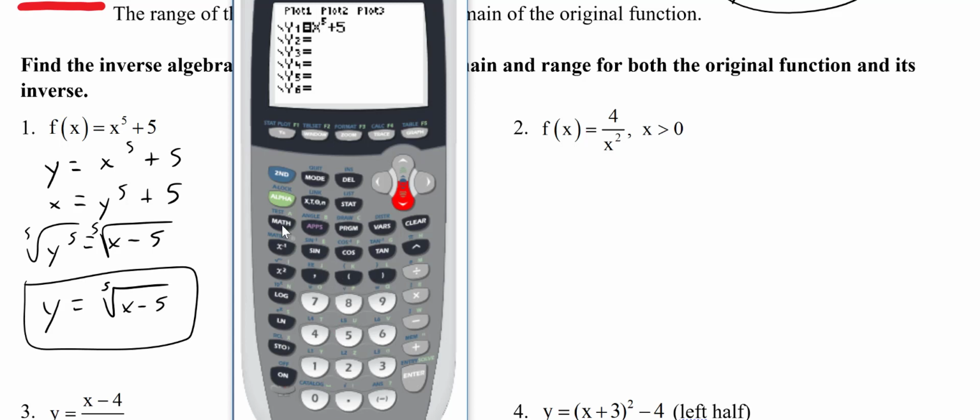You can use, I like to use, to the 1/5 power. So let's do that. X minus 5, and you've got to put this in parentheses, raised to the 1/5 power. Okay. Enter.